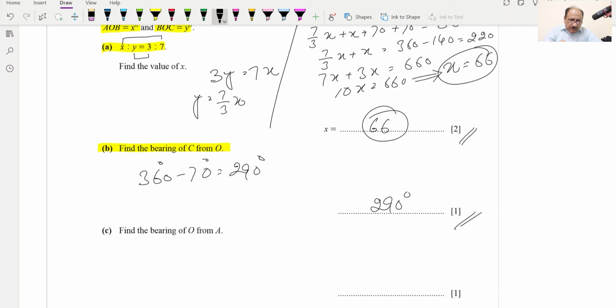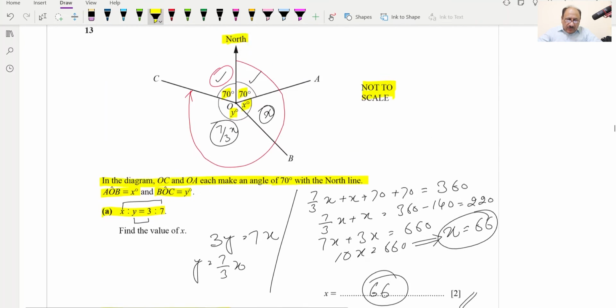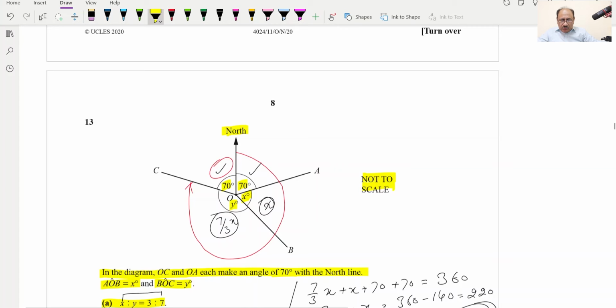This is a 1-mark question. Then they're saying find the bearing of O from A. From A, we will draw north on A, and north will be over here. O from A will be this much angle.